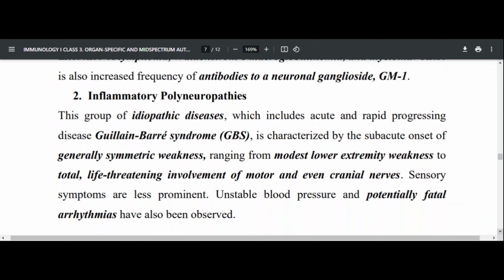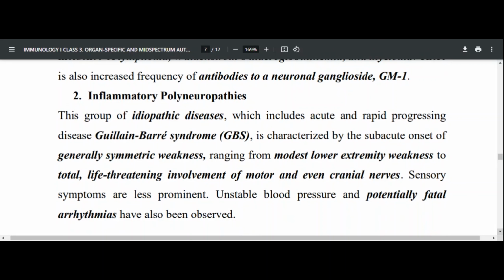Inflammatory polyneuropathies have been associated with Guillain-Barré syndrome, which is characterized by subacute onset of general systemic weakness, ranging from modest lower extremity weakness to total life-threatening involvement of the motor and even cranial nerves.